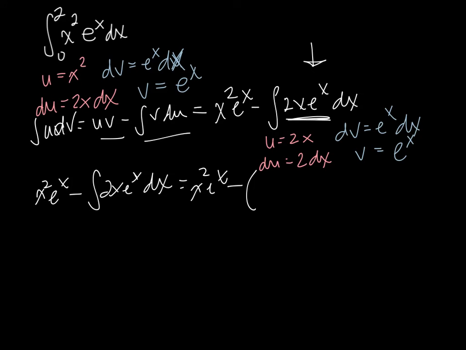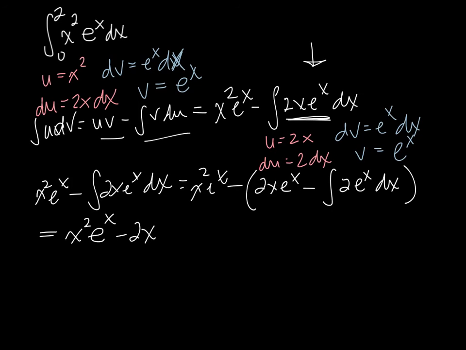So let's see, u times v, so that's 2x e to the x minus the integral of v, e to the x, times du, so that's 2 times e to the x dx. So that's going to be x squared e to the x minus 2x e to the x.